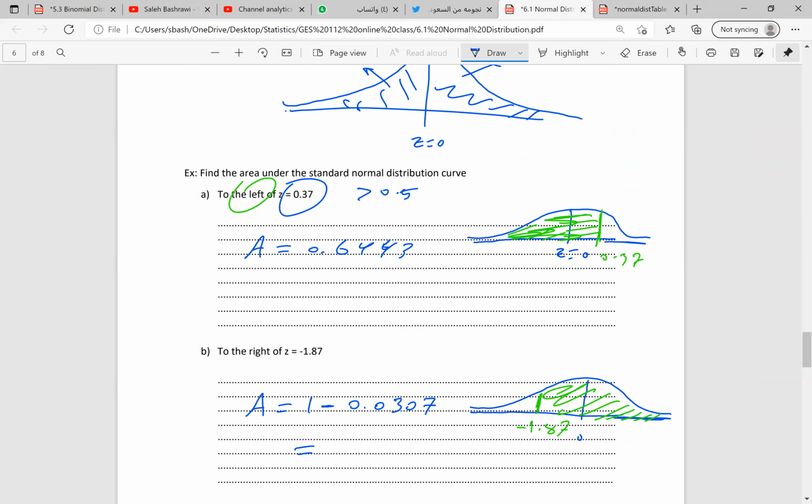Again, if we want to find the area to the right, we have to subtract that value from 1. This gives me 1 minus 0.0307 equal to 0.9693.